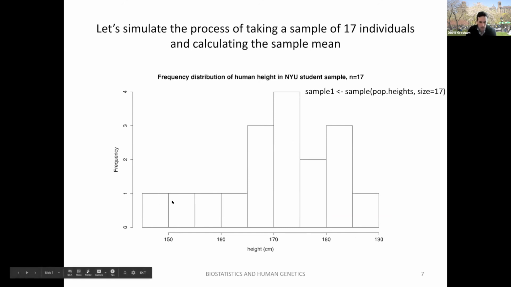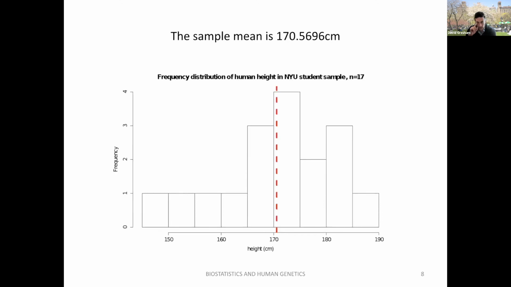We have one individual here, one individual here. These are the heights. And now I'm going to plot the mean on here. So here's the sample mean in this case. My sample mean is 170.5696. I'm pretty lucky, right? The population mean I know, because I have total information, is 170 centimeters. I've just happened to take a sample and get a sample mean that's very close to it.